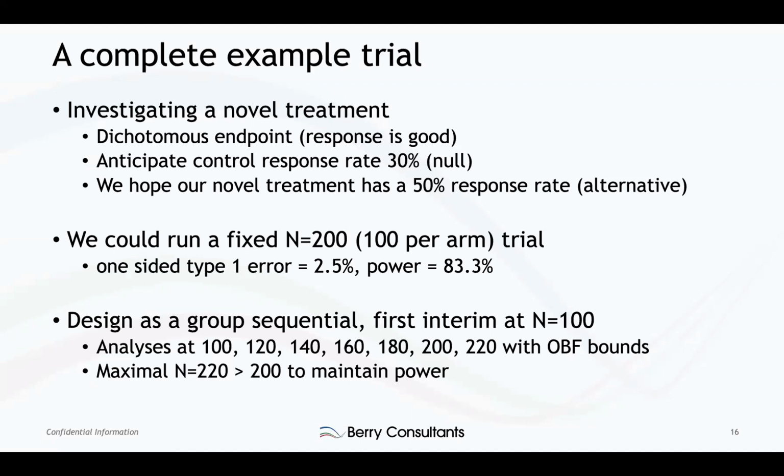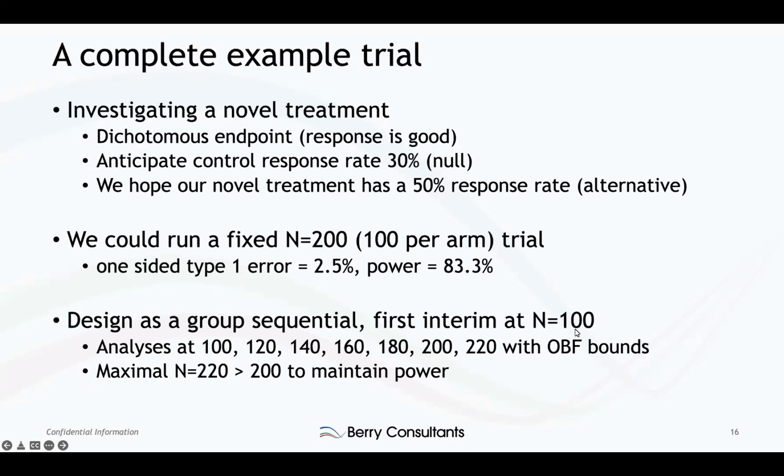So that's what I'll use as my alternative, and that's what I'm powering the trial based on. If I wanted an 80-ish% powered trial, I could run a fixed 200 sample size trial, 100 per arm, one-sided type 1 error 2.5%, power 83.3%. And I can design this as a group sequential and do the first interim at 100.